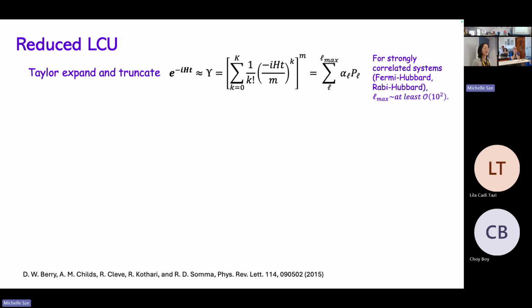It will be challenging. So another method is to truncate before expanding. For example, let's say the term inside is some u.